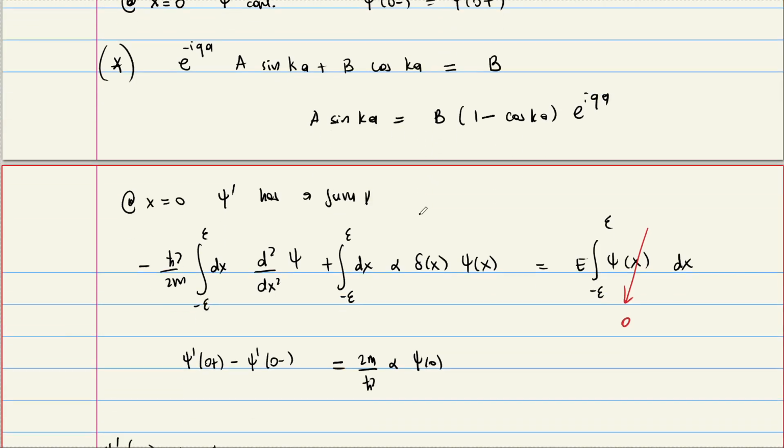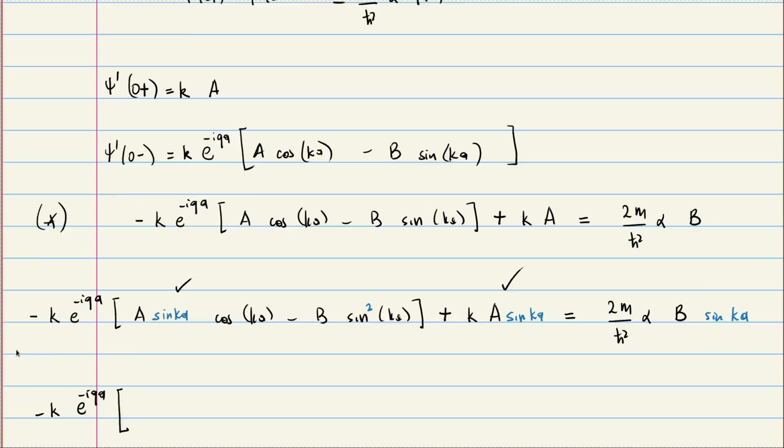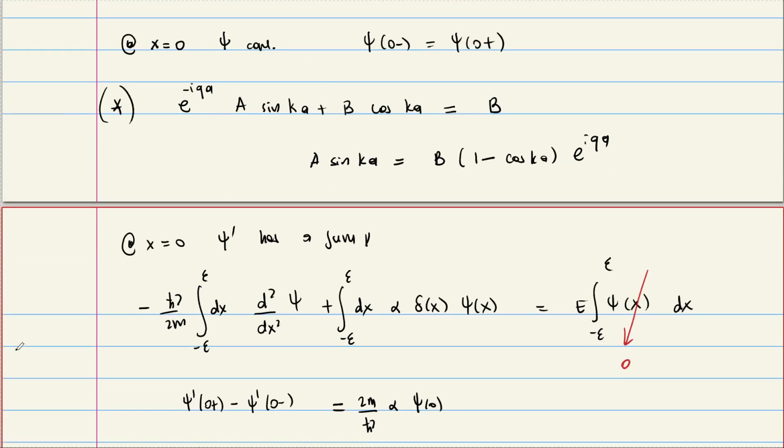Good. This, minus K e to the minus i Qa times A sine Ka. Is my A sine Ka correct? A sine Ka is B. Okay, this is where I messed up.